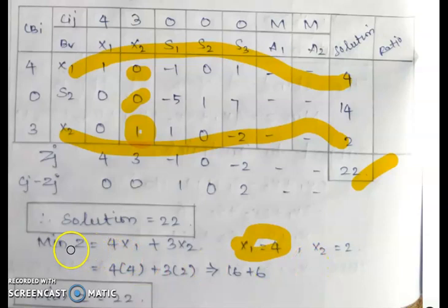So we substitute into the objective function, minimize Z equal to 4X1 plus 3X2. The X1 value is 4, so 4 into 4 plus 3 into 2, which is 16 plus 6, equals 22. The minimum Z by the big M method is 22, and on cross checking the same value appears.